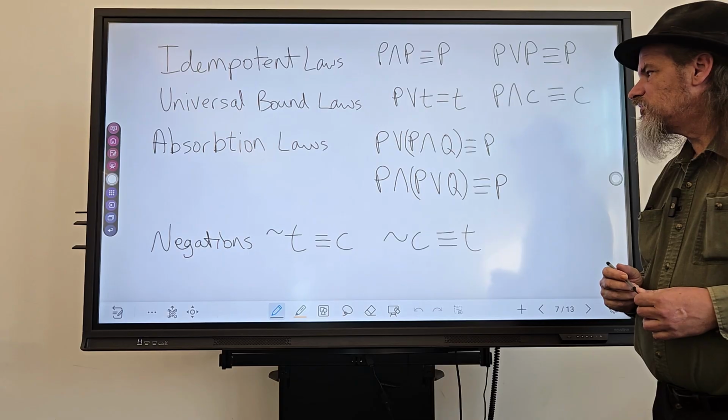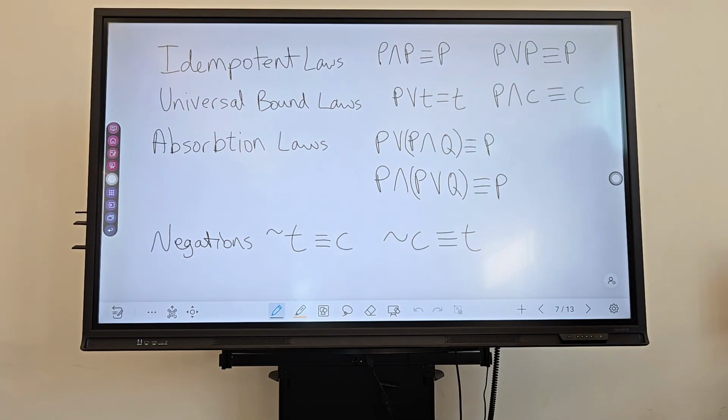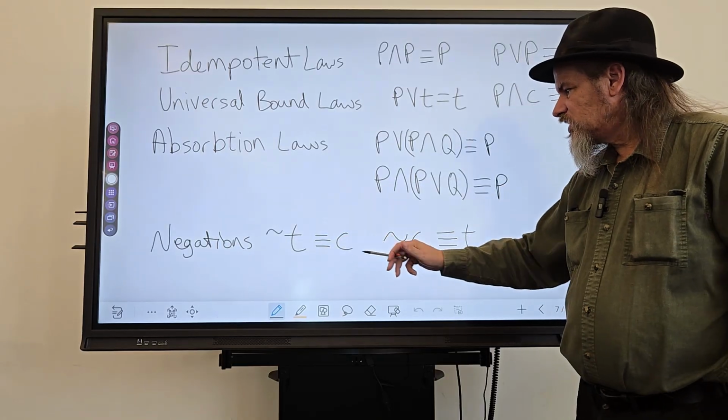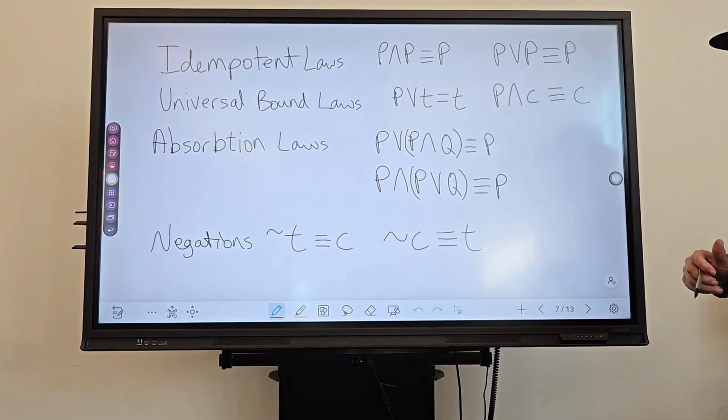Its truth value does not affect the truth value of the overall original expression. Finally, the negations. The negation of a tautology is a contradiction, and the negation of a contradiction is a tautology.